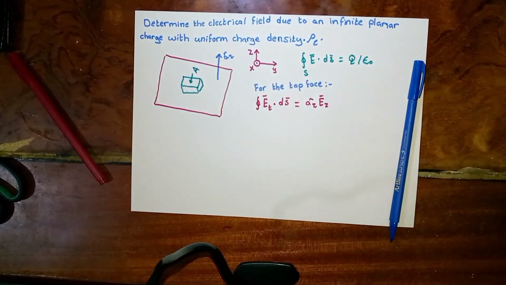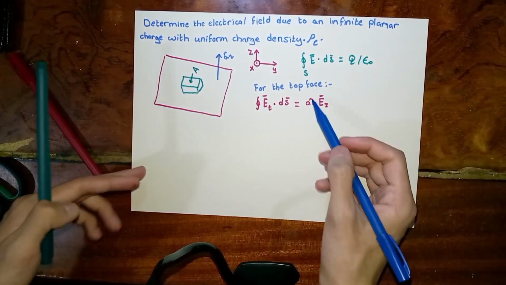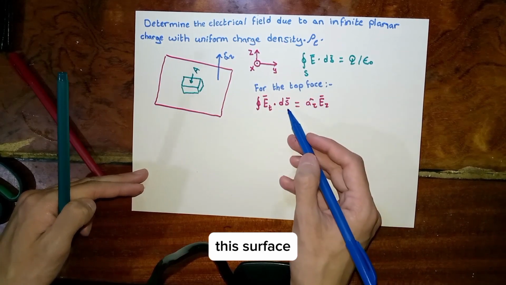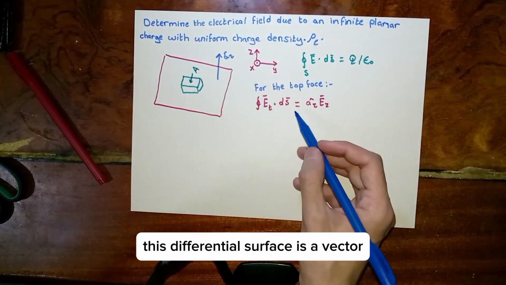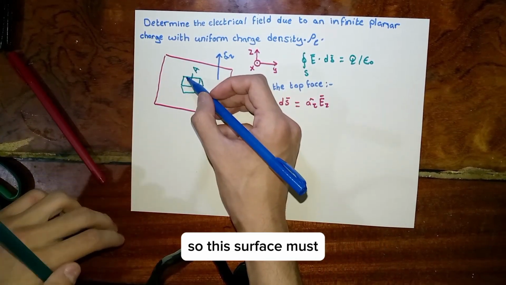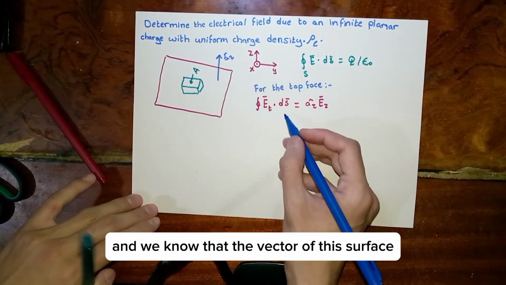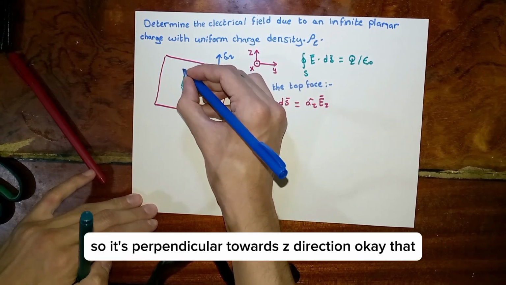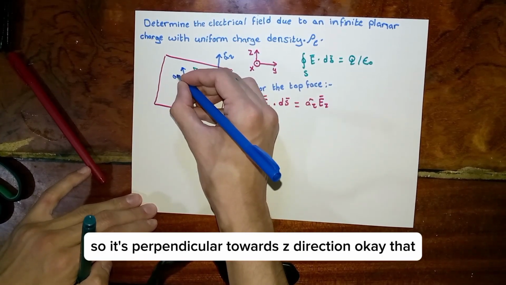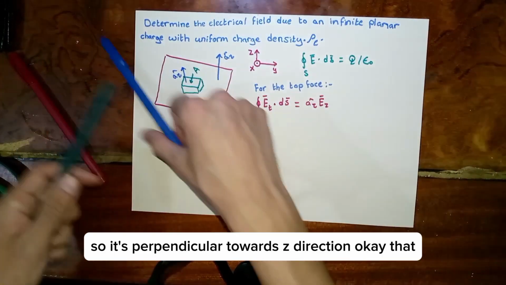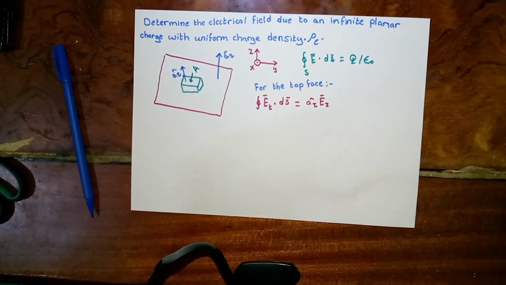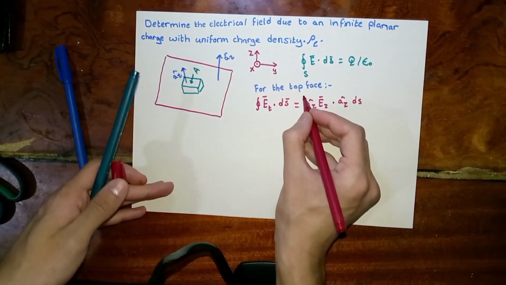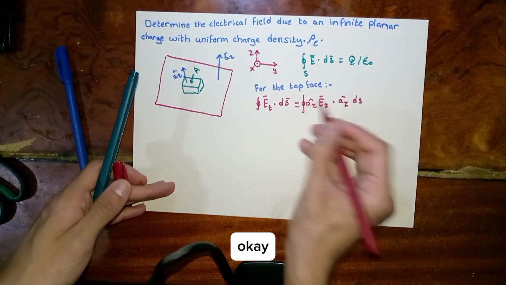And of course, according to Gauss's law, this differential surface is a vector. So this surface must be a vector, and we know that the vector of this surface is perpendicular to this surface, so it's perpendicular towards the a_z direction. Dot dS, and the same thing is the integration.